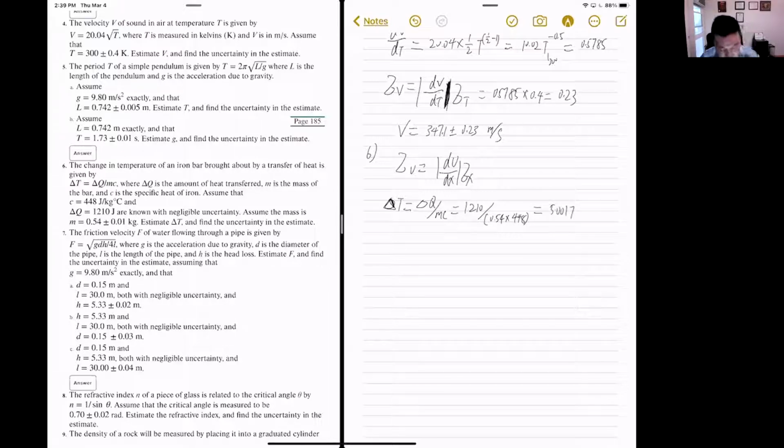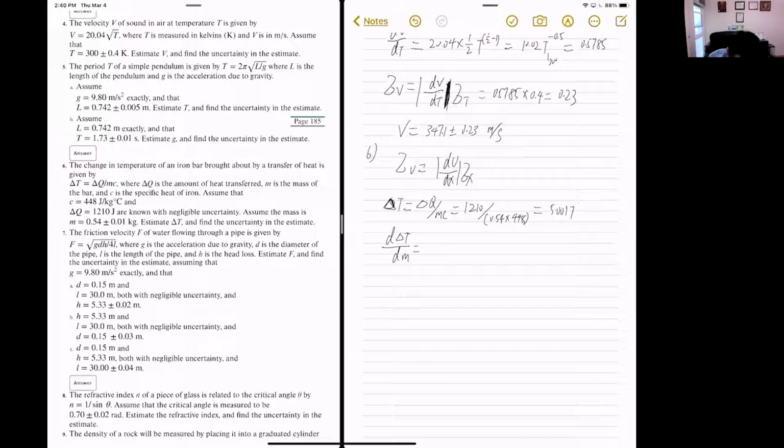So this part is easy. Then we need to calculate the uncertainty. Here the function is delta T, and x is M, the mass. So d(delta T)/dM is what we are interested in.